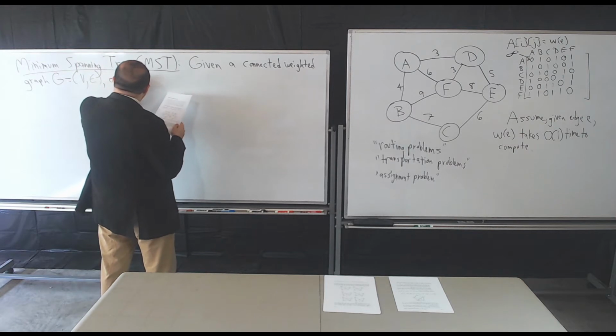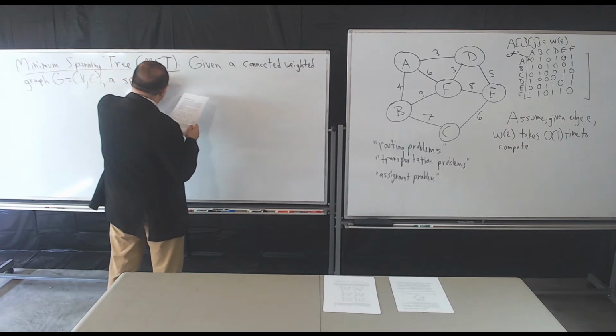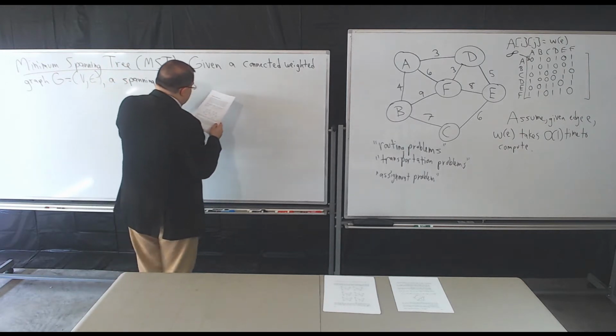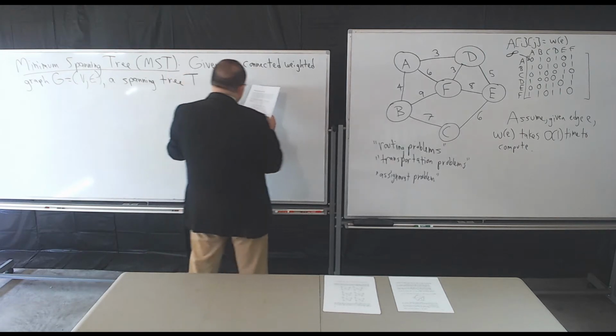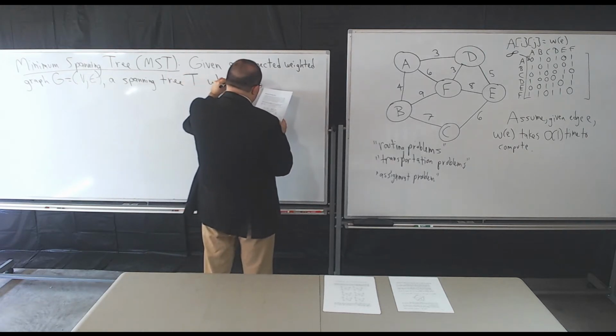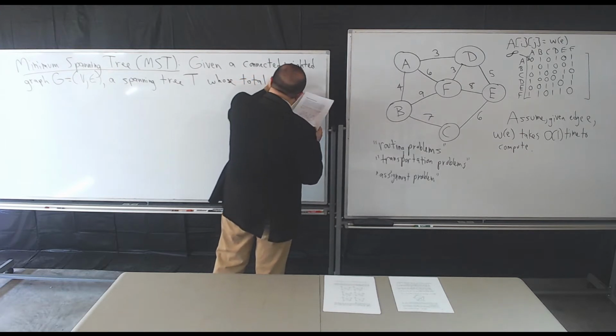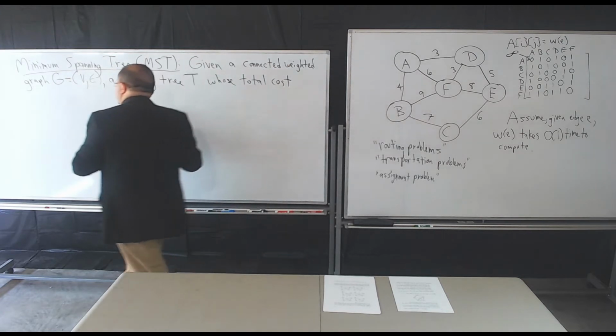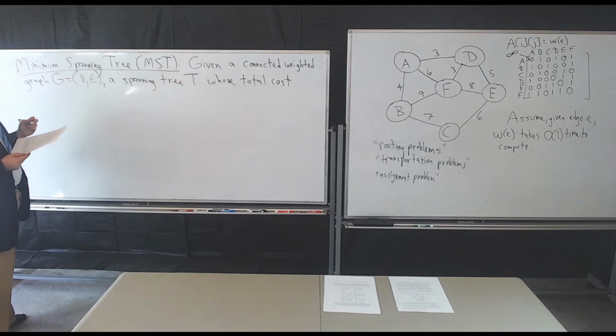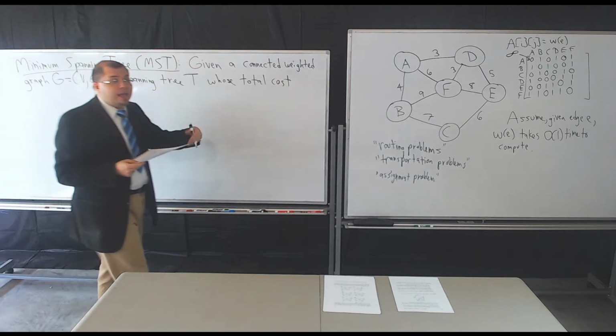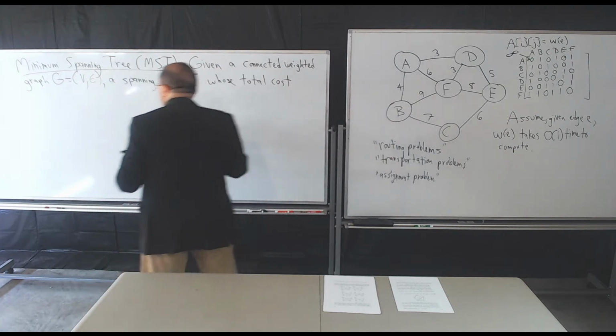A spanning tree T whose total cost, and how do you compute the total cost of a spanning tree? You just simply add all the edges of the spanning tree.